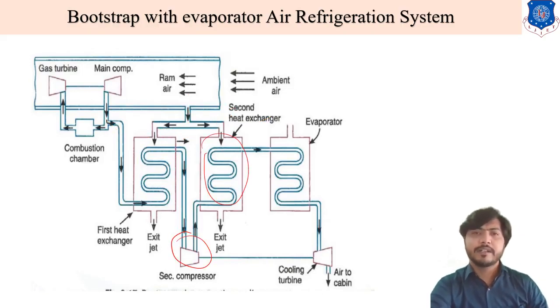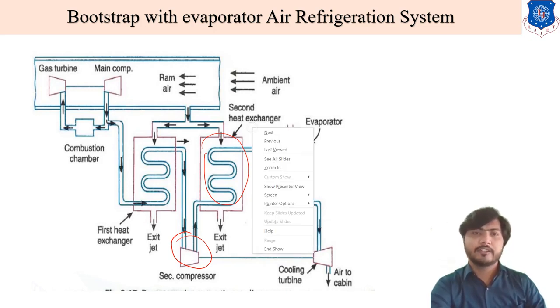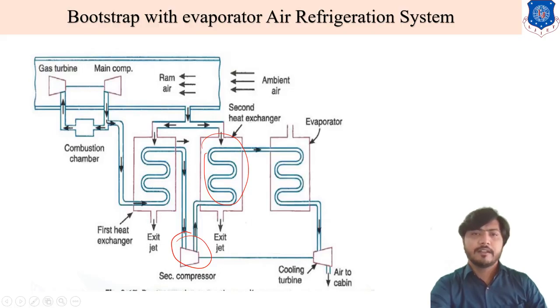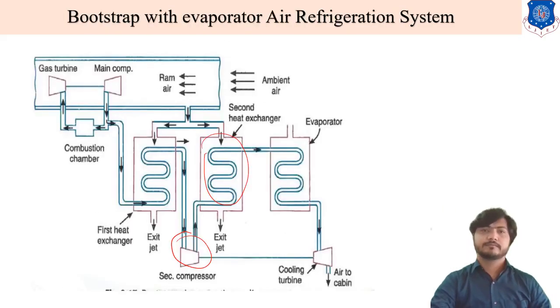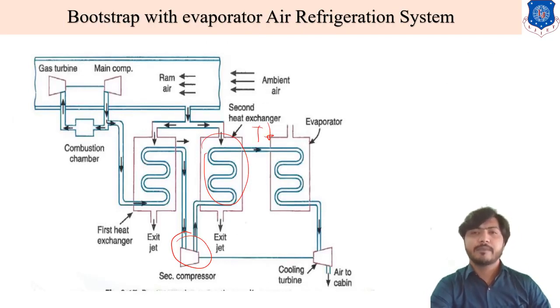This heat exchanger gives its heat to the rammed air, and the temperature decreases. Then the air is passed into the evaporator. In the evaporator, water takes the heat coming from the heat exchanger and evaporates. So here we obtain water vapor.